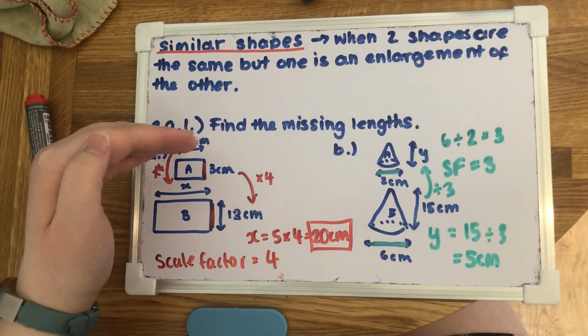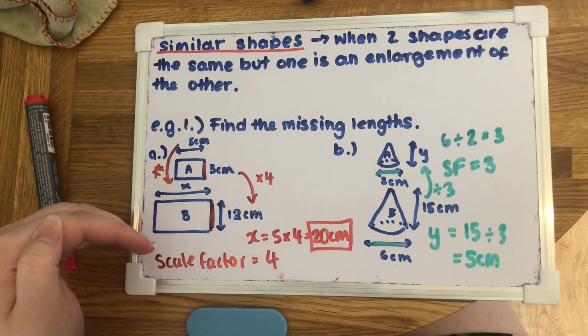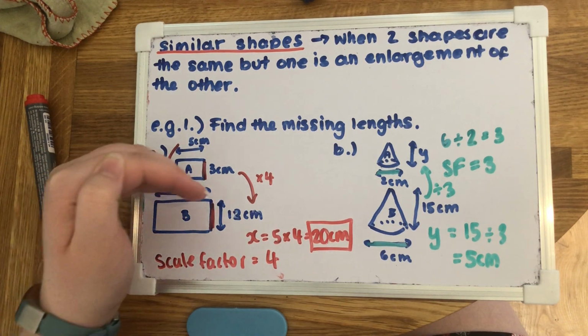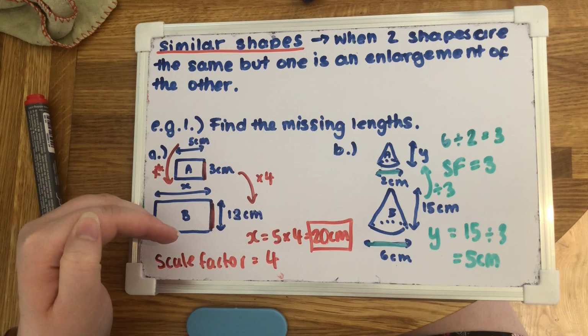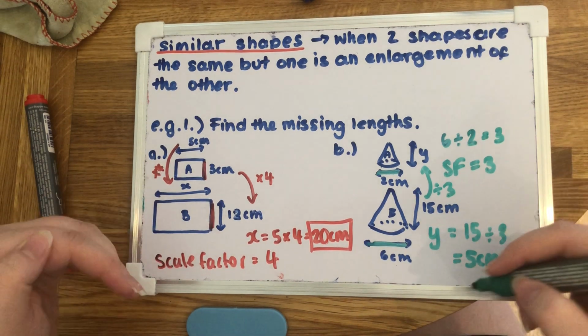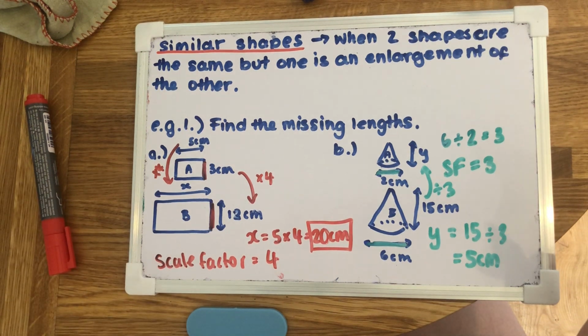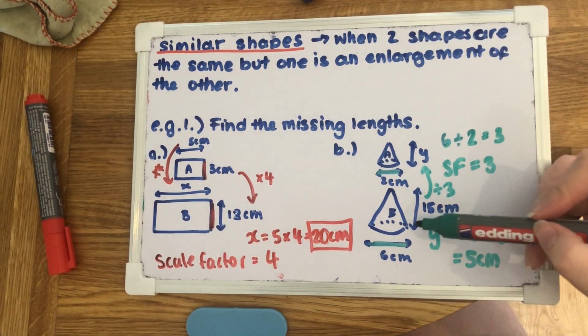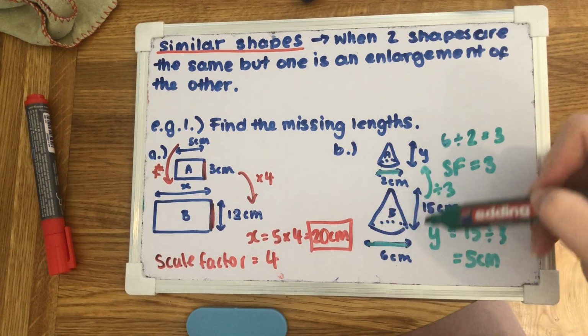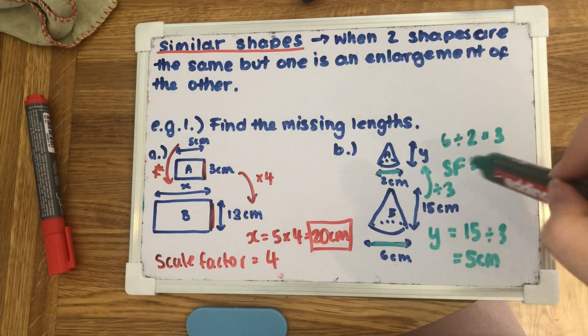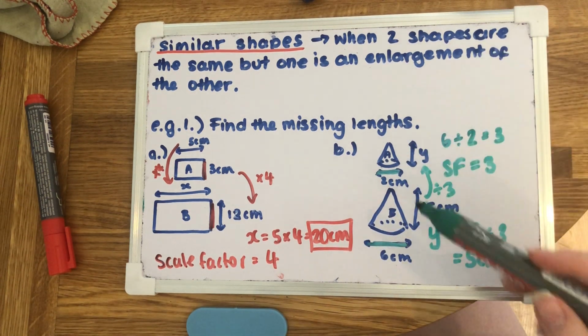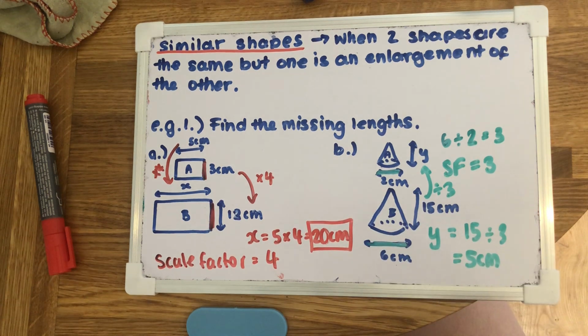If you're going from this one to this one and the scale factor is 4, because you're going from the first shape to the second, which for both of these cases you're going from the smallest one to the biggest one, you would multiply by the scale factor. But because this one you're going from the second shape to the first one, you're doing the reverse of what we'd normally do, or what we did to get from 2 to 6, that's why you need to divide.